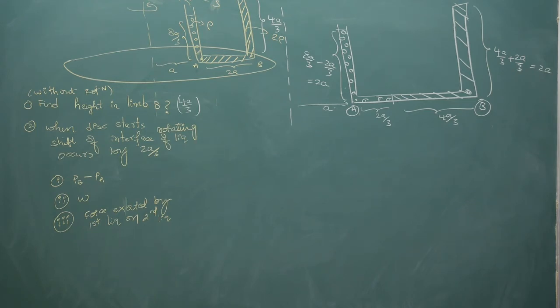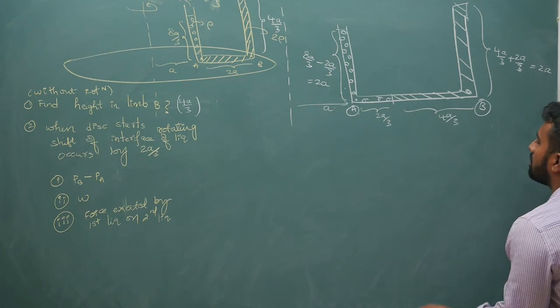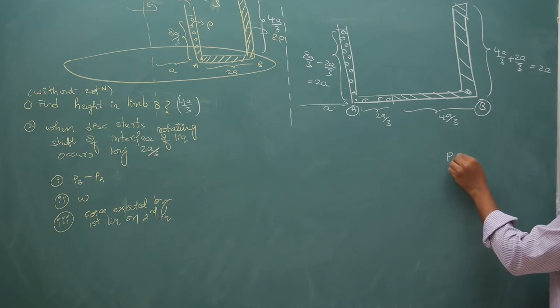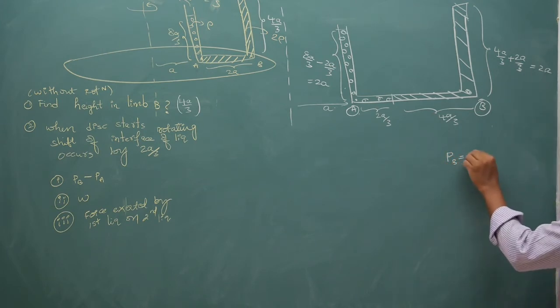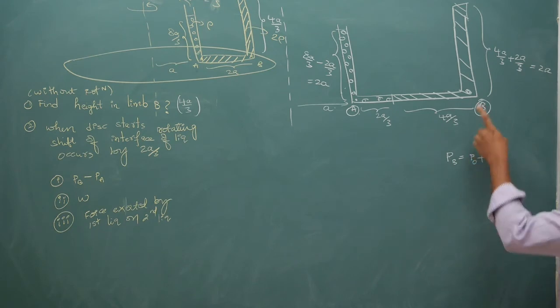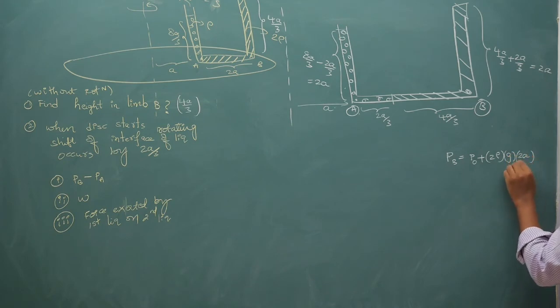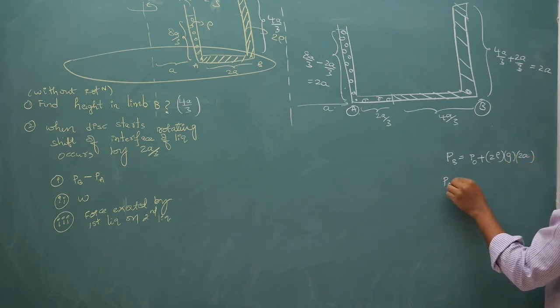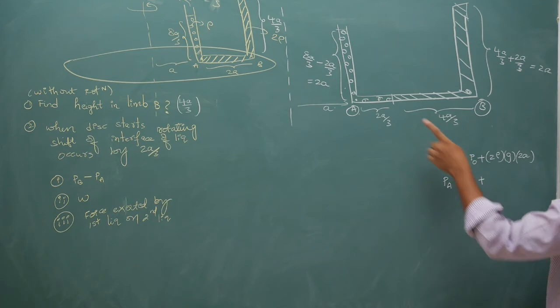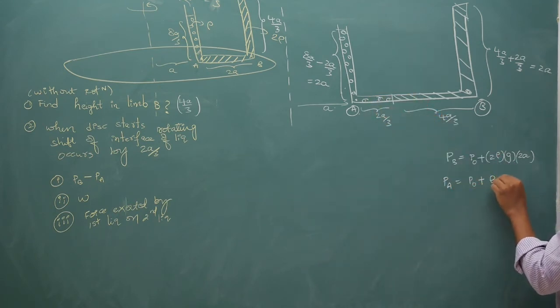From this diagram it is very clear, PB is P naught plus this liquid's density 2 rho into g into height 2a. PA is P naught plus that liquid's density rho into g into height 2a.